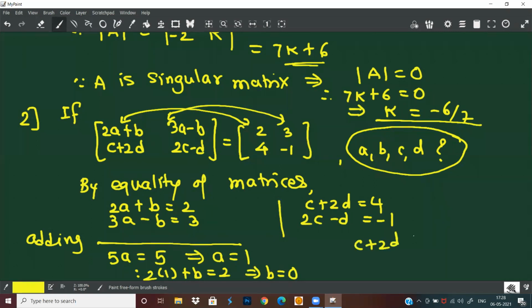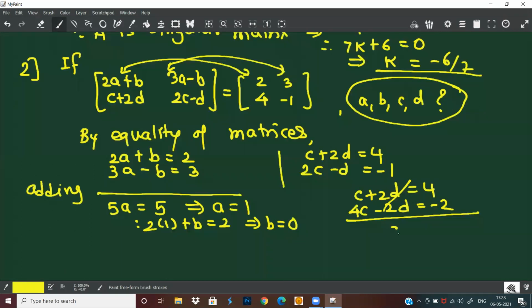C plus 2D is 4. यहाँ multiply करो 2 से. 4C minus 2D is minus 2. 5C is 2. C is 2 by 5. Got it?